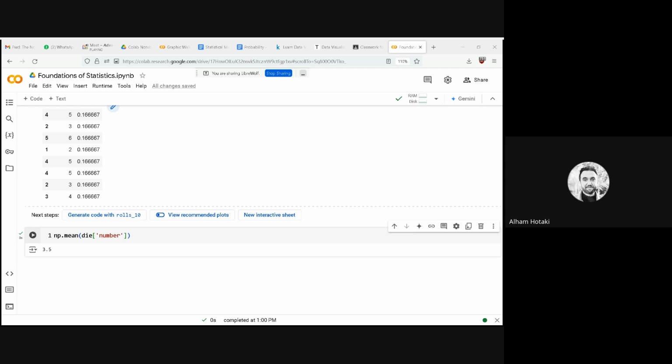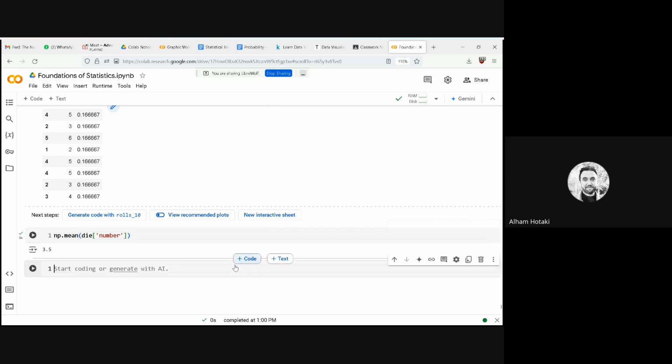Just visualize rolls 10. We will be visualizing the number column as a histogram, and within the histogram, the bins will be np.linspace of 1, 7, and 7, then plt.show.